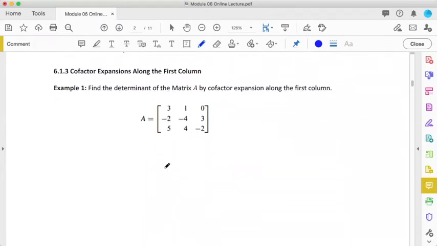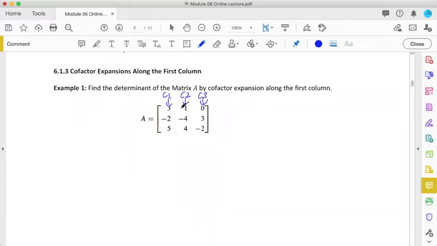Okay, so next you can use cofactor expansion along the columns. Again, you can choose the first column or the second column or the third column. So you can apply the concepts for columns as well as rows.